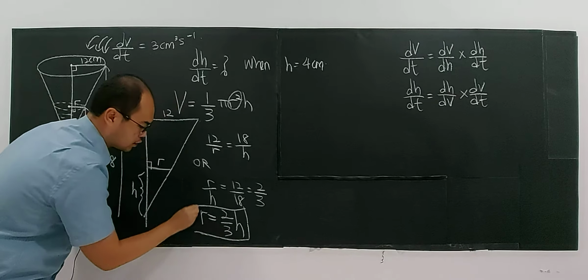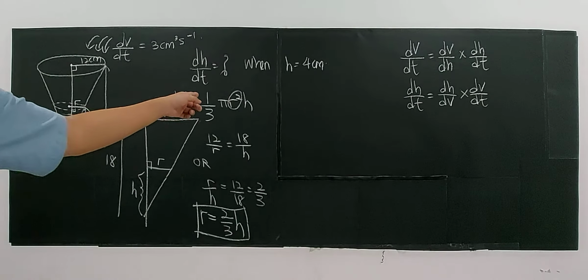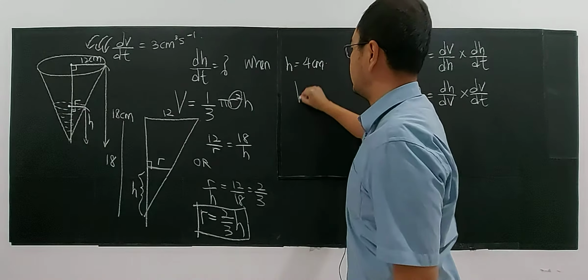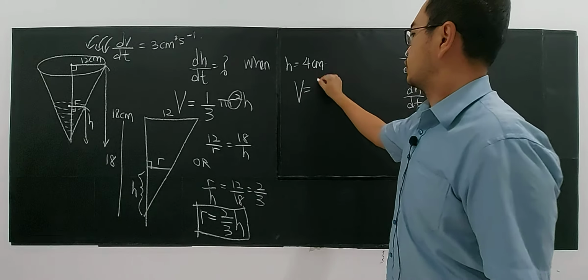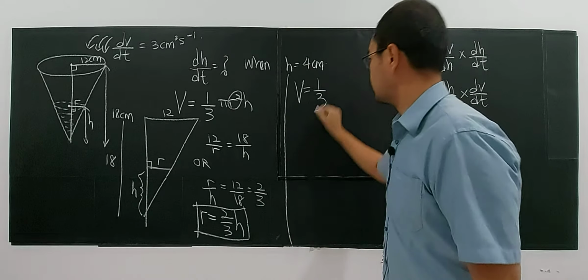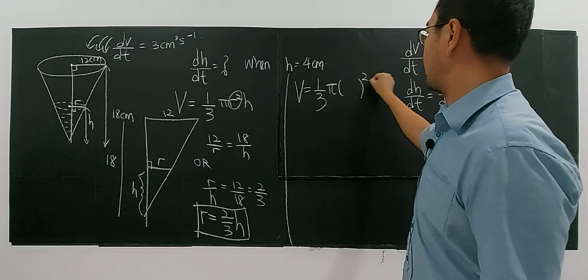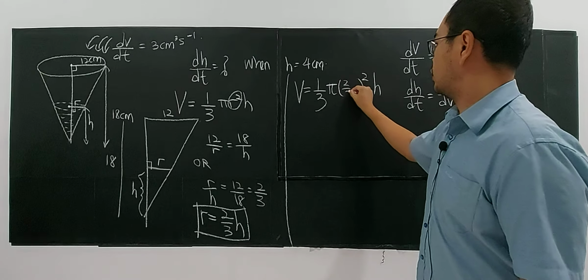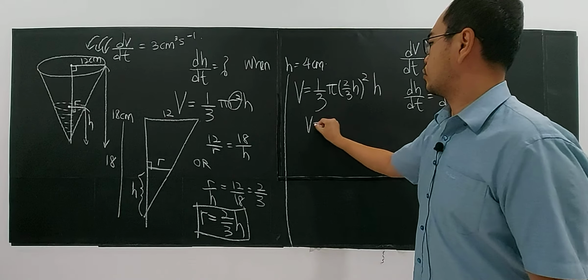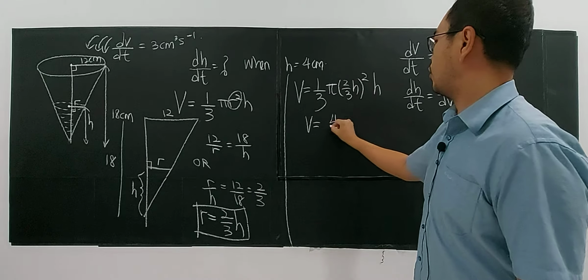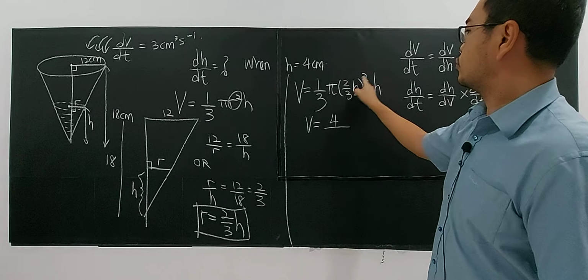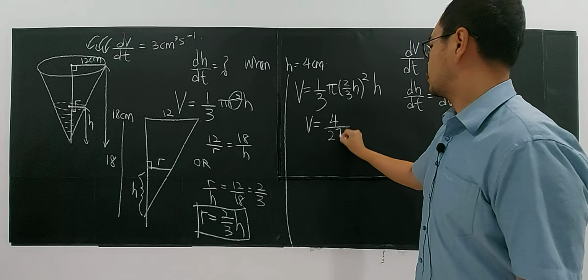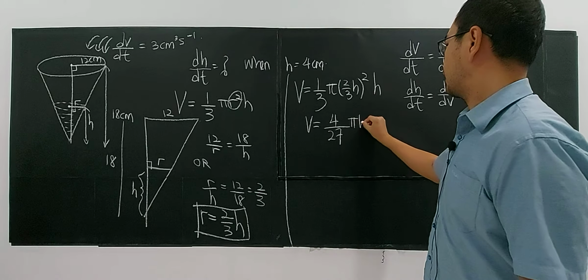This is a very important relationship in order for you to be able to differentiate this. I have to replace the V, everything in terms of H. So 1 over 3 pi R square H. Your R, you will get from here, which is 2 over 3 H. And if you square, 2 square is 4, 3 square is 9, and 9 times 3 is 27. So V equals 4 pi over 27 H cube.